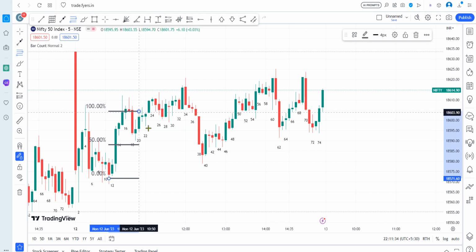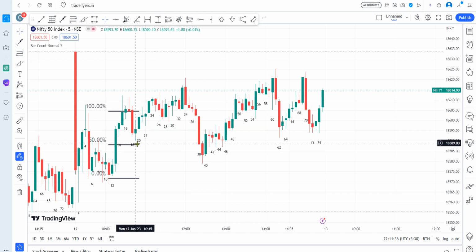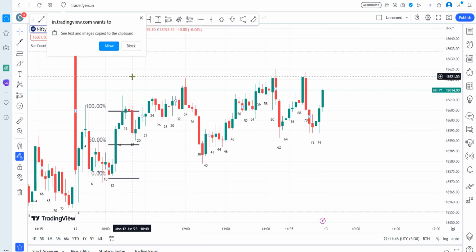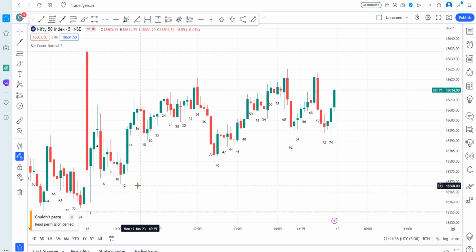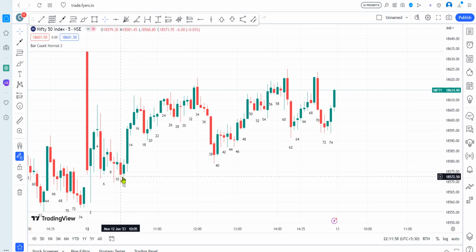Around the 19th candle, you have to exit, break even overall position. You sold here, again sold here, and exit here. This is one approach, a very risky approach. You have to exit anywhere here if you traded this.